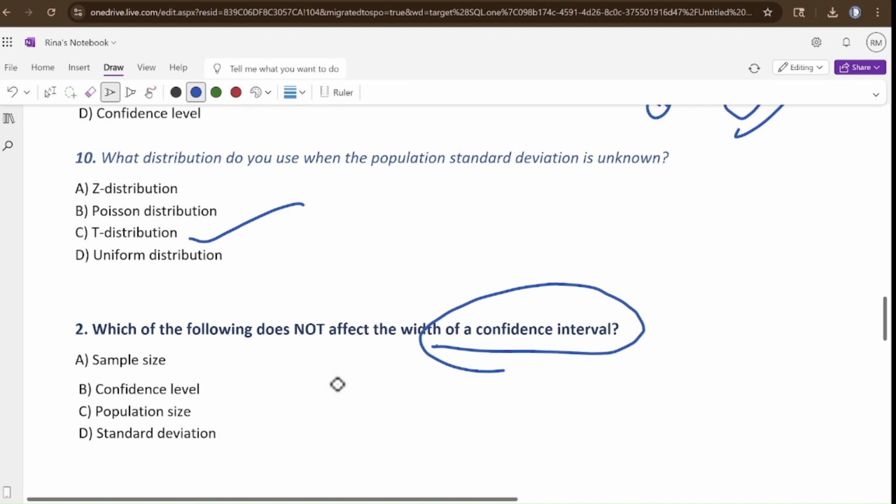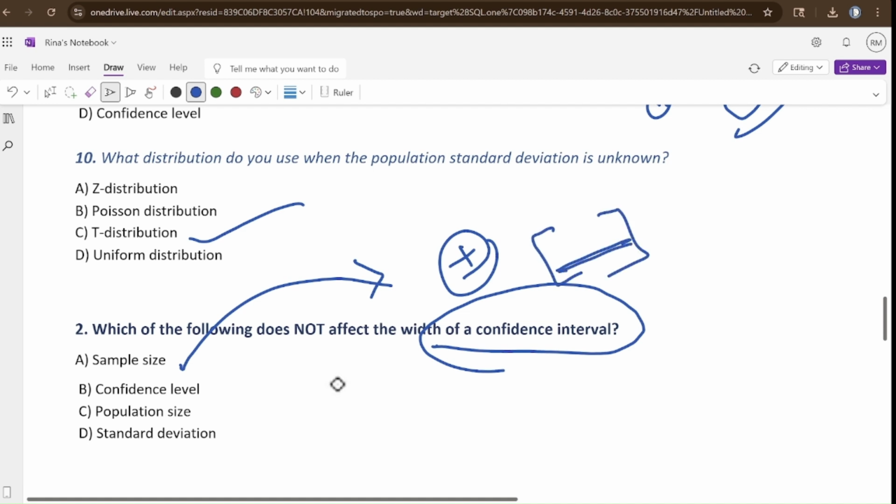Which of the following does not affect the width of confidence interval? Sample size, confidence level, population size, standard deviation. See, sample size affects, because if you increase sample size, your range will be reduced, lower range. So confidence level, population size, exactly. Population size doesn't matter with confidence interval.